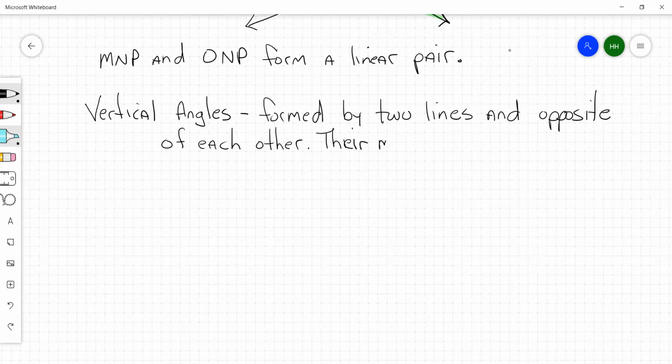Their measures are congruent. Vertical angles, they're formed by two lines and opposite of each other. Their measures are congruent.